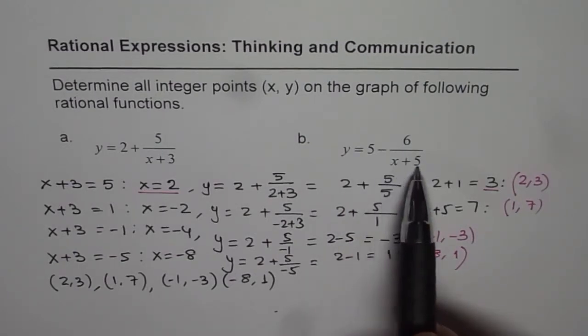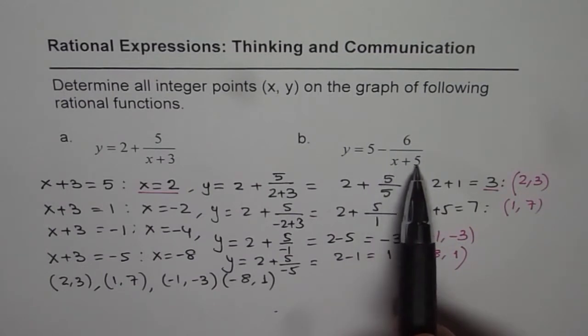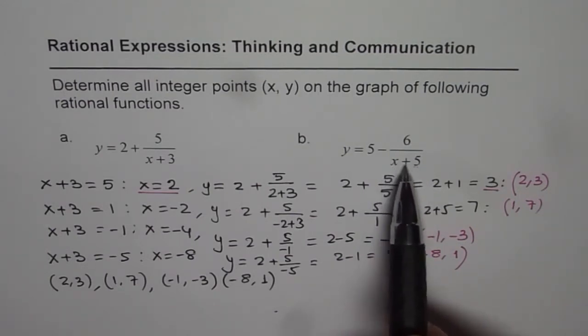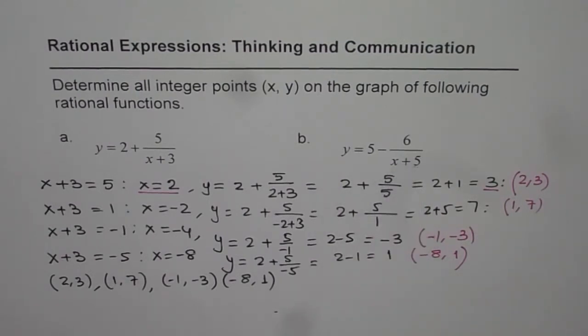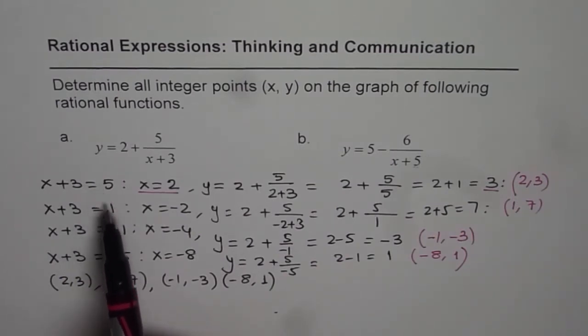So x plus 5 should be what? x plus 5 could be plus or minus 2, plus or minus 3, plus or minus 1, right? We have an added advantage here since 6 has factors 2 and 3 also. Factors of 5 are 1 and 5, so there we are looking for these numbers, 1 and 5, plus and minus.